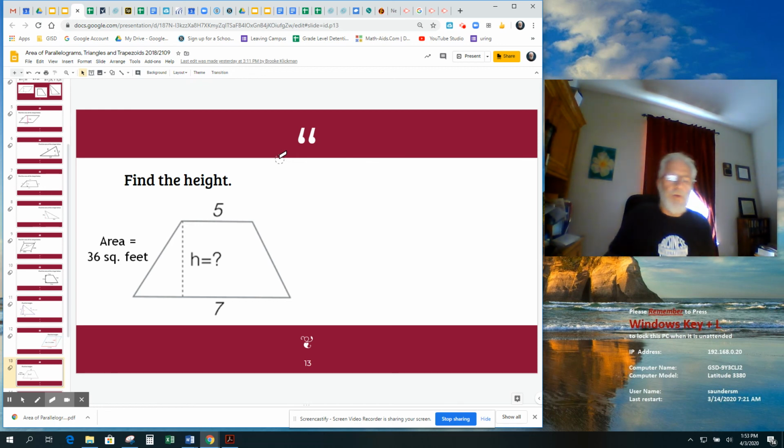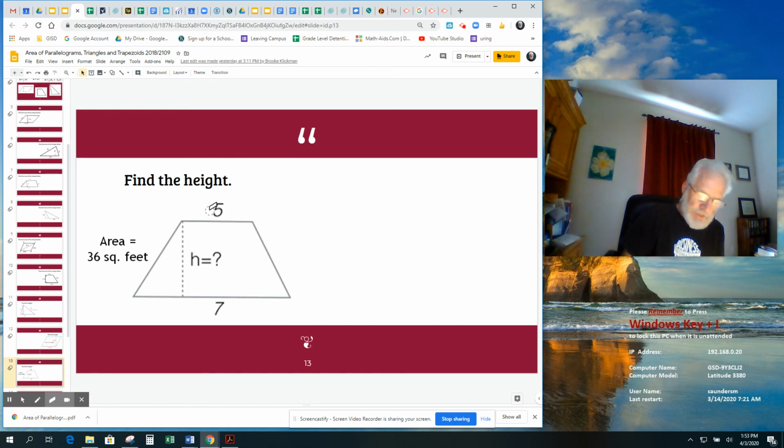And now I start plugging in. They give me the area of 36. 36 equals 1/2. And they give me the bases. B1 is 7. B2 is 5. 7 plus 5 is 12. So I'm going to go ahead and put in 12. And H I don't know.